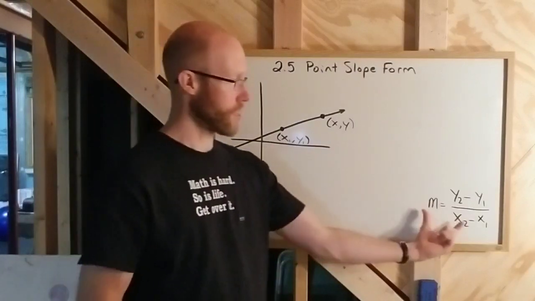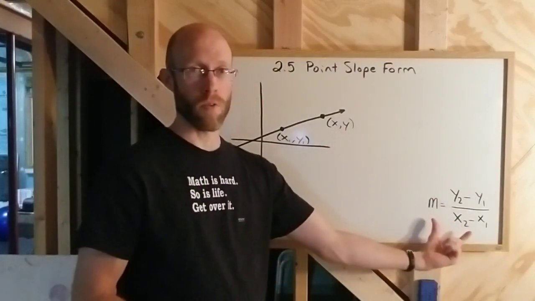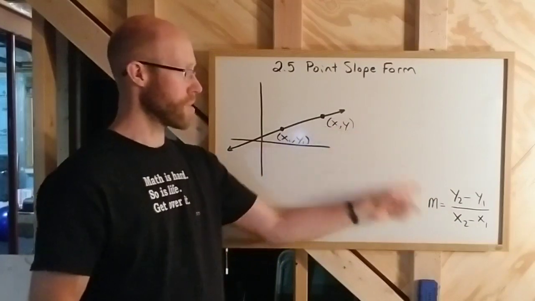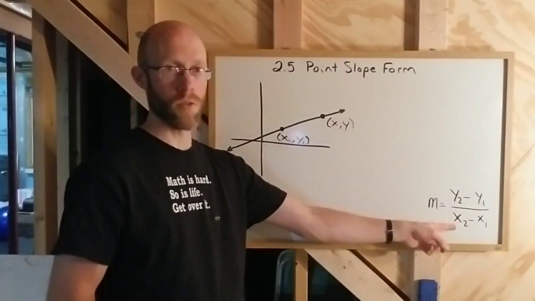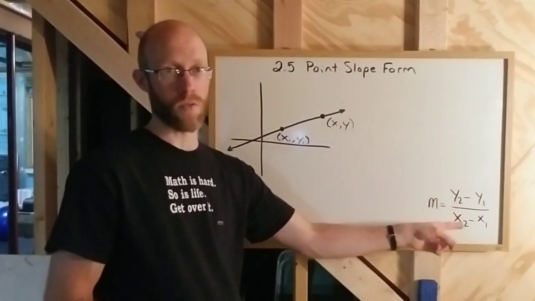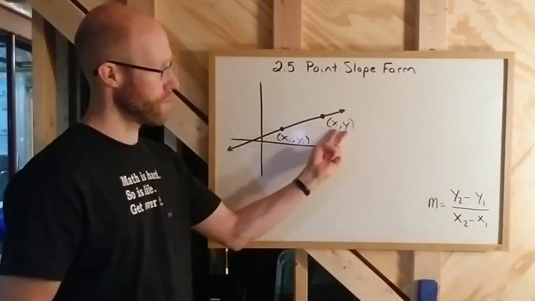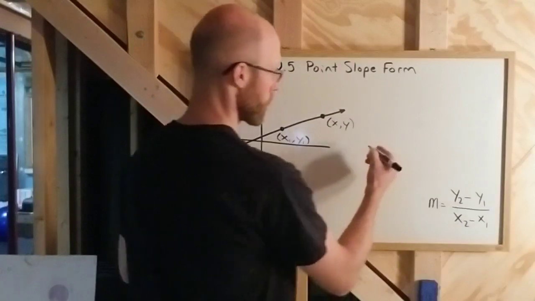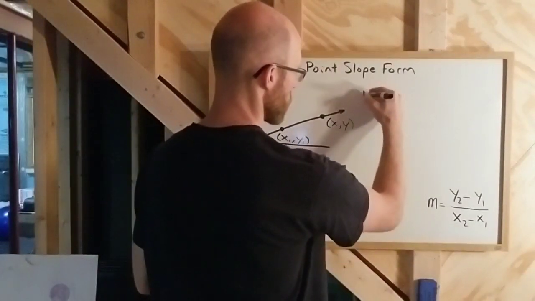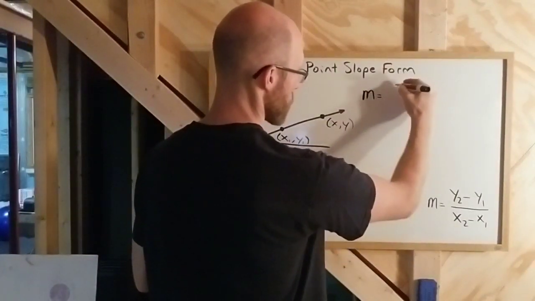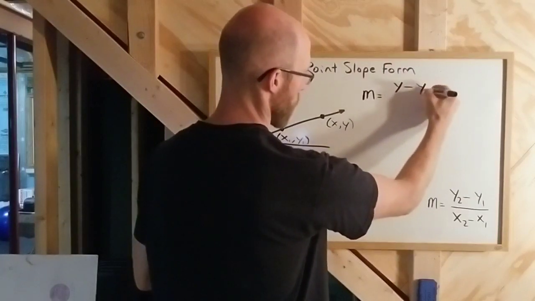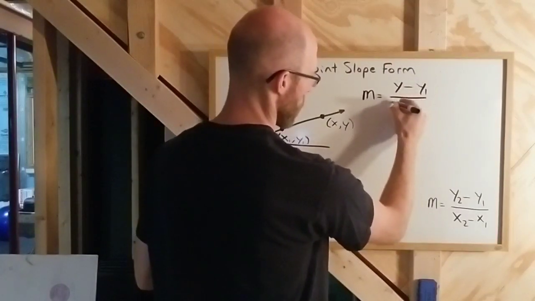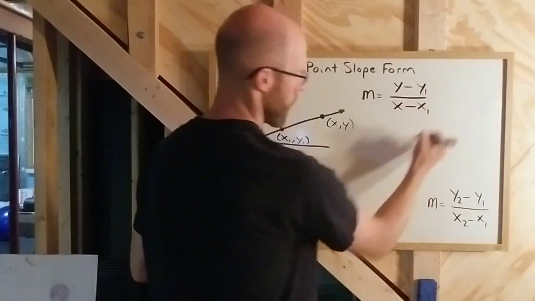If I were to plug these 2 points into my formula, essentially the y2 and x2 just become y and x respectively, and the subscript of 2 drops off. Not a big deal. It's a similar equation. So we use m equals y minus y1 over x minus x1.